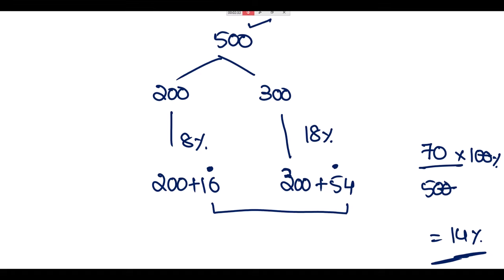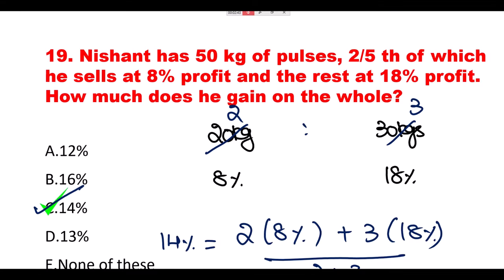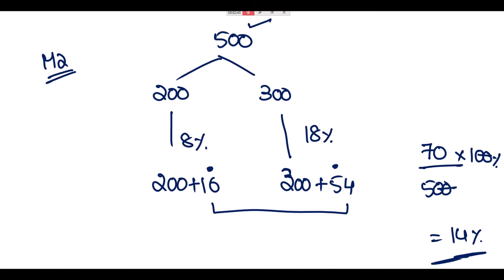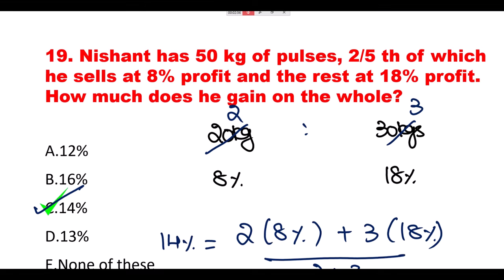Total profit 70 rupees out of 500, 14%. Different approaches are fine, but at least you should know one approach, whether mixture and alligation or this one. You may not get the idea of alligation in the exam, but this is what you can use. It depends how you are mixing.